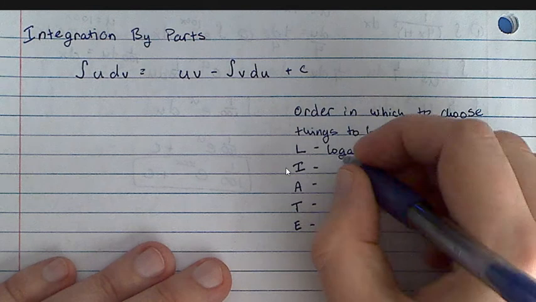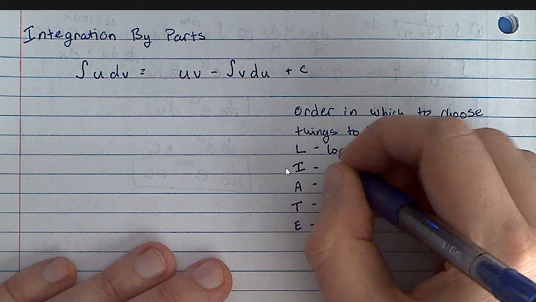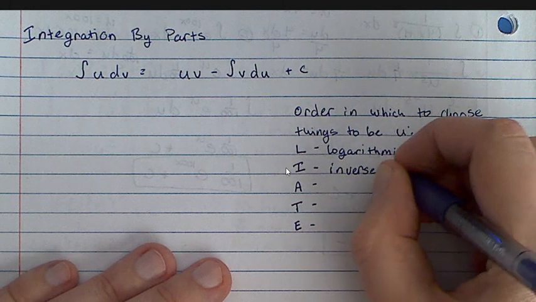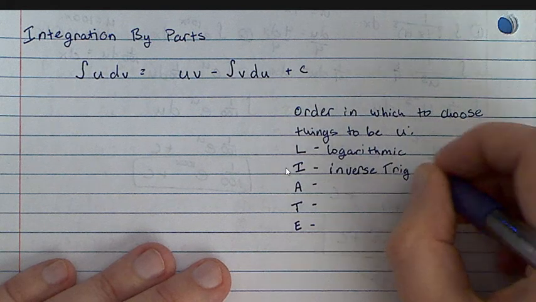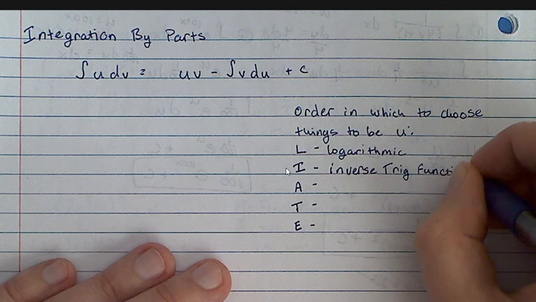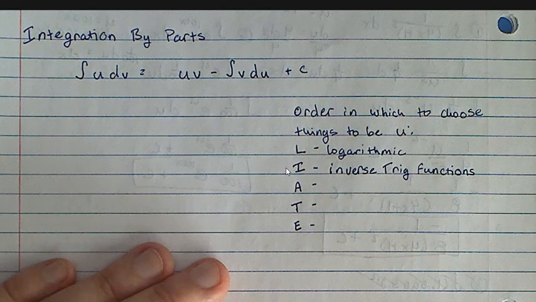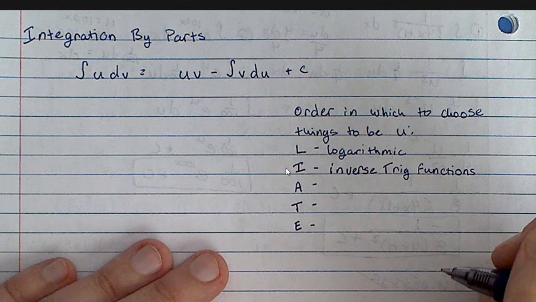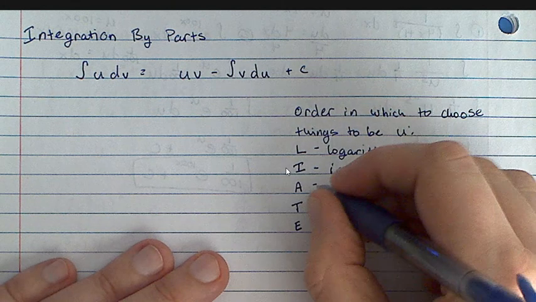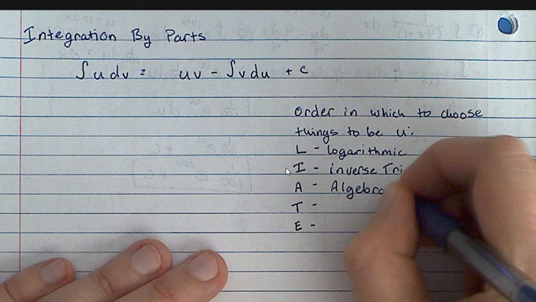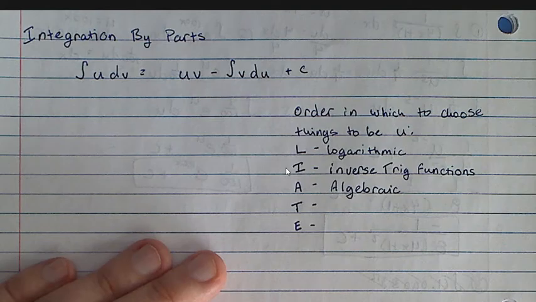I is inverse trig functions, and we haven't done anything with inverse trig functions yet, but we're going to. Inverse trig functions are arcsine and arccosine. A is algebraic functions, like x squared, 2x, 3x, stuff like that.